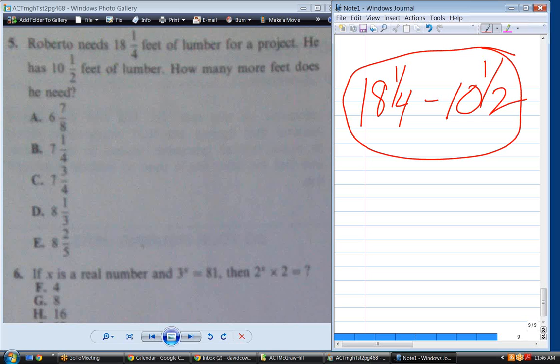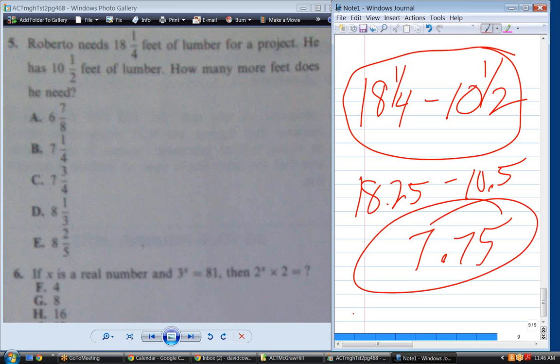Okay. How did you do it on your calculator? Did you do it using fractions or decimals? Decimal. So you did 18.25 minus 10.5 and you got 7.75 and you recognized that as 7 3/4? Yep. All right. That does highlight one of the problems in doing these on your calculator.